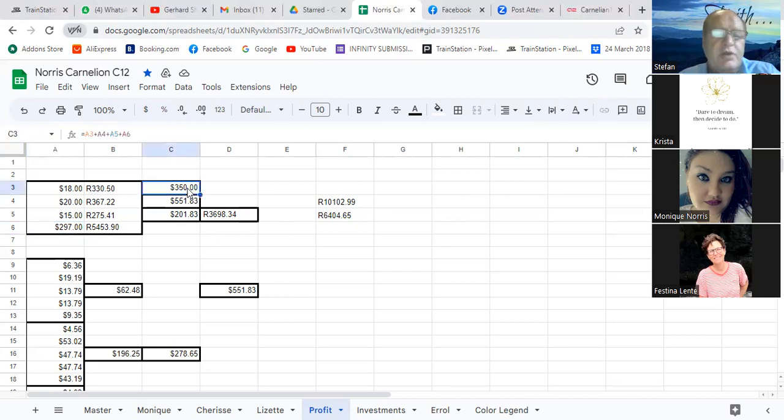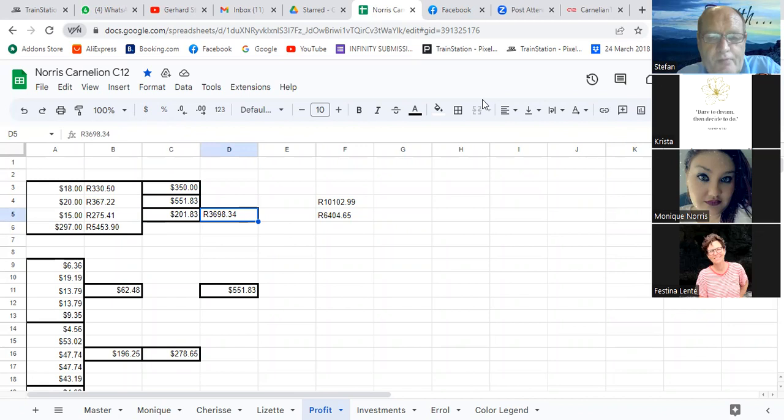So C3 is the amount that was put in. That's the 18, the 20, and the 15 that you started with, and then the 297 when you started doing the car plan. And the total withdrawals was 551. So the net profit at this stage for the 3 profiles is $201.83. And you convert that then to Rand value, 3,698 Rand.